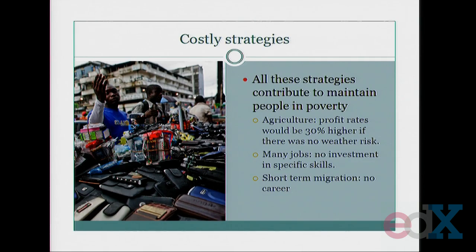And that keeps you poor. It's estimated that if there were no weather risk, and you didn't change your crop mix to deal with the risk, you would make 30% more money. So that's big, right? The stuff that you're doing to protect against the risk is reducing your income by 30%.